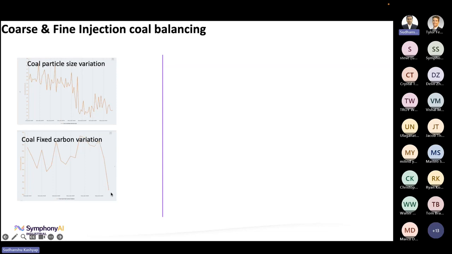You see there's a quick dip in the coal fixed carbon, and these parameters impact how much coarse coal or fine coal is to be injected. For example, say we have a lower carbon in the incoming coal, then we need to feed more coal to ensure that the carbon amount is the same in the kiln, which could reduce the iron being fed to the whole process.